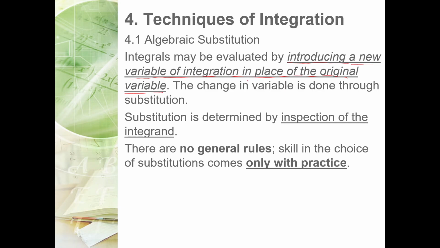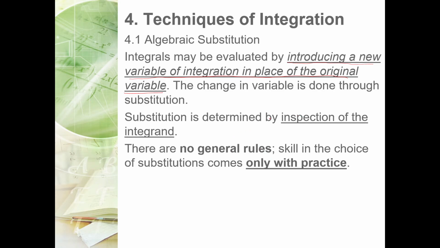It's like U sub, but we're not using U sub as of the moment since U sub will still be in use in other parts of the algebraic substitution. It may be used, it may not be used. Think of algebraic substitution as an advanced U sub technique.